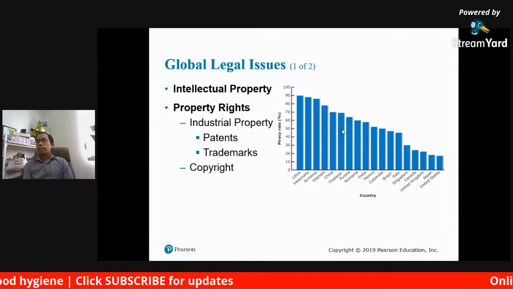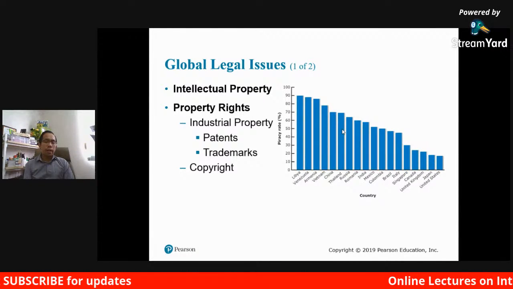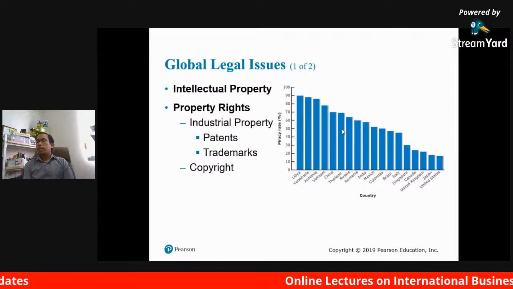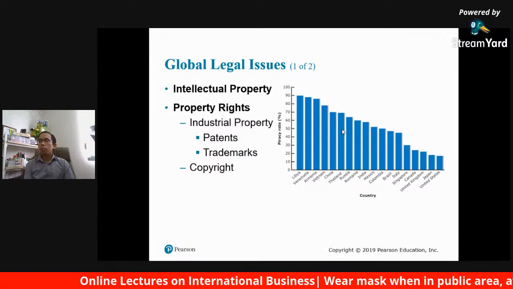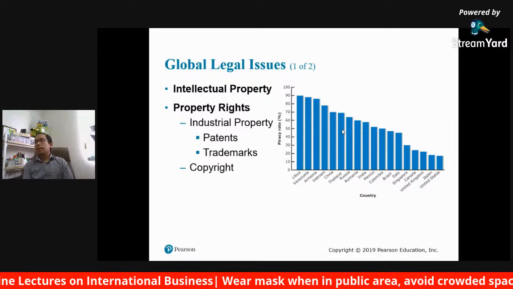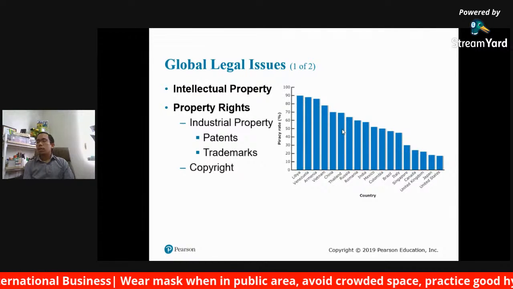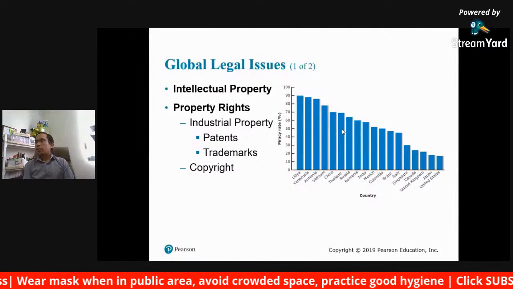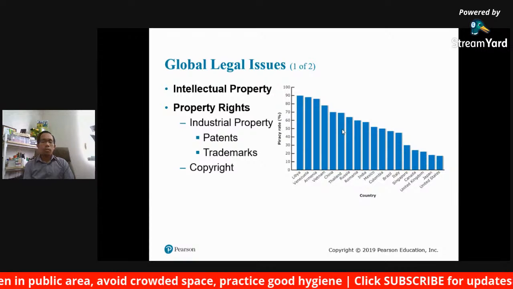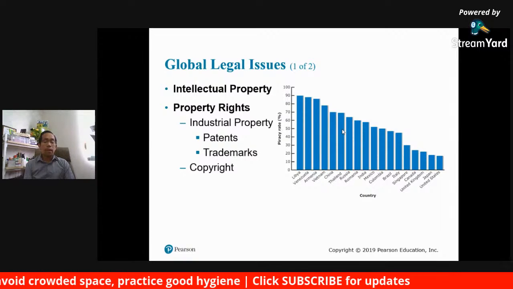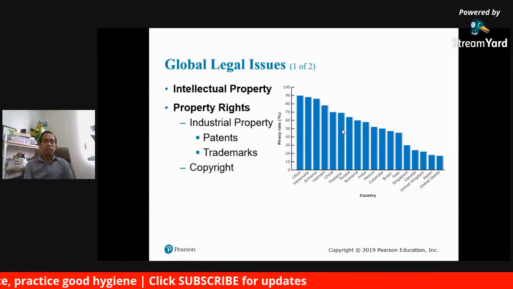It gives you the right to sell or distribute, the right to perform the copyrighted work, and also the right to publicly distribute it.